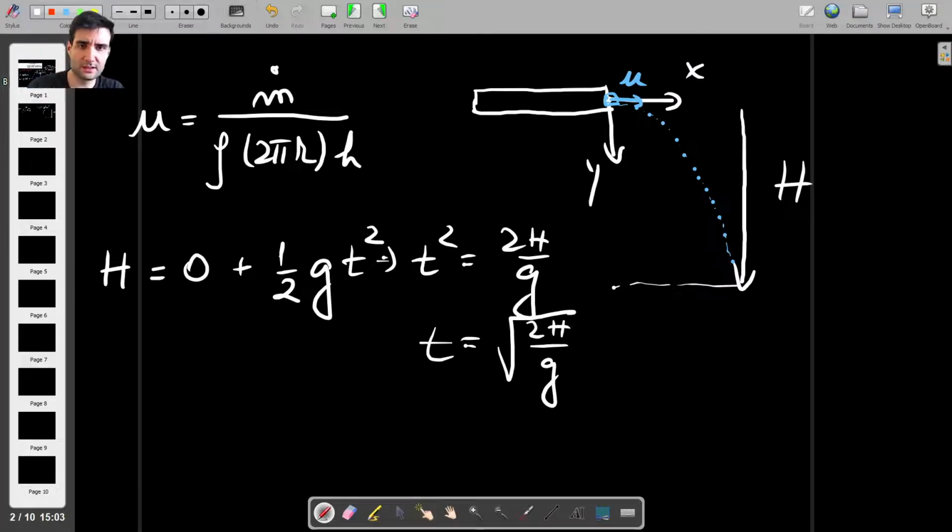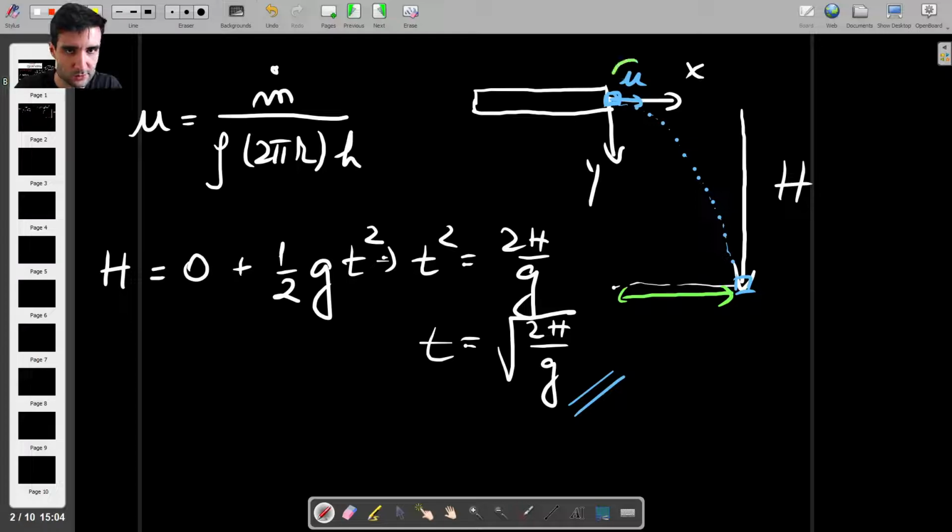Now, this tells us that the time it takes for the particle to travel from here to here is this, okay? And then we have to find, in this time, how much the water particle travels horizontally.